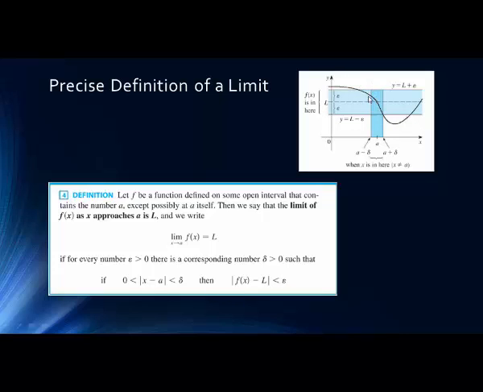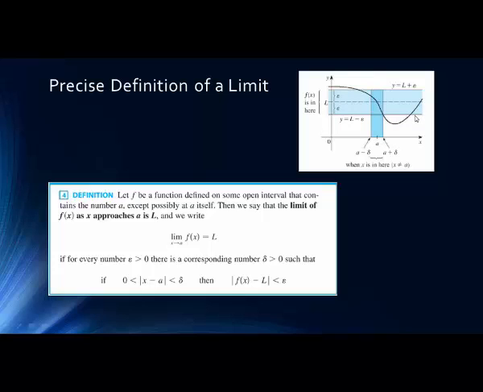It's all of these values in there. And when we're talking about x going to a, x minus a is less than delta, so this is just a range on each side of a, plus or minus delta. This little range here is delta, and this is an epsilon, this is an epsilon.